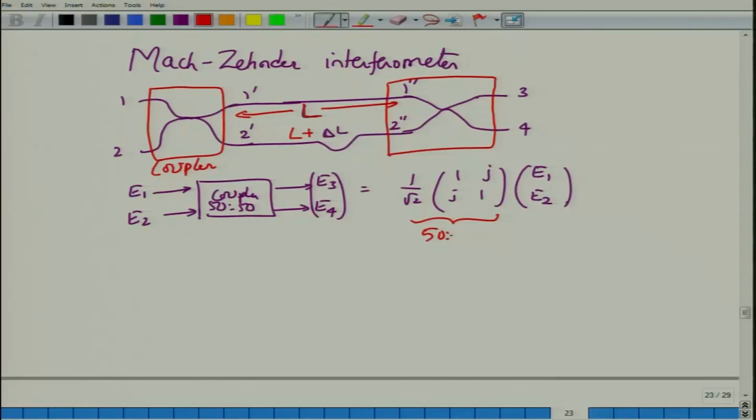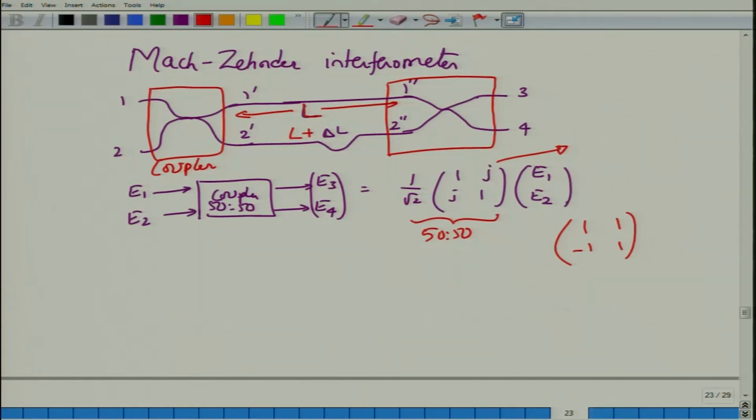This is an example of a 50-50 coupler. The corresponding matrix looks like this. The numbers j can be used in some cases, but you can also have couplers where the phase difference is actually -1. Do not worry about that, whichever you want to use, you can use. Both types of couplers are available in the market and both are equally valid descriptions for the coupler that we have described.